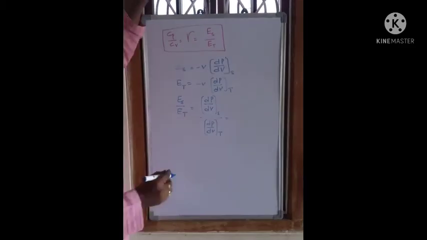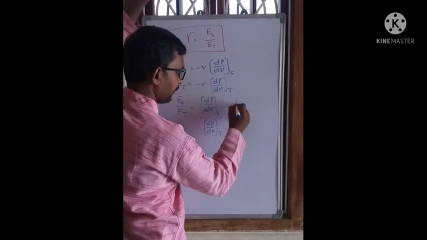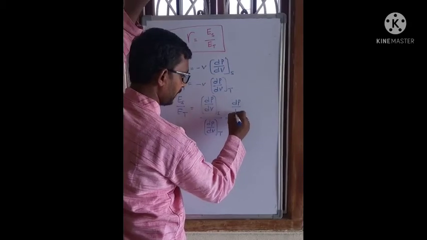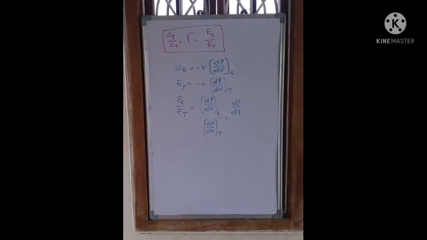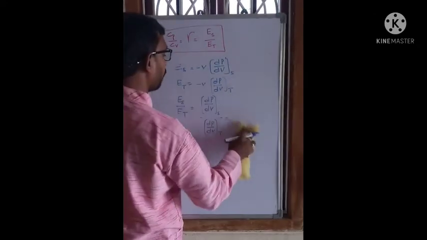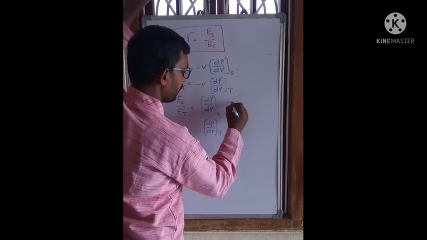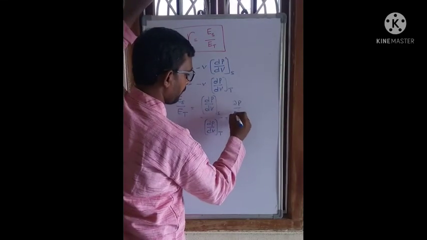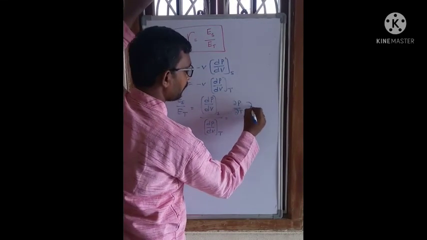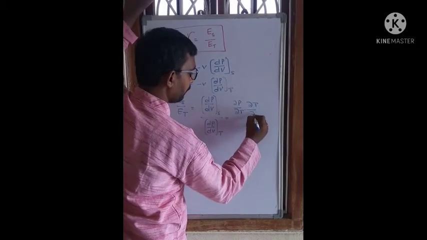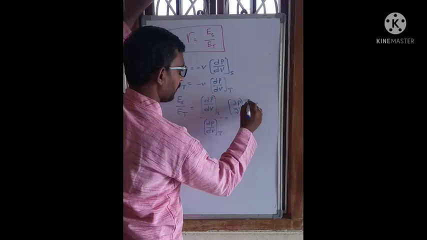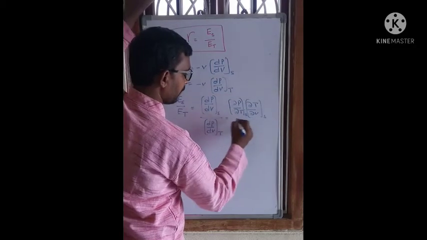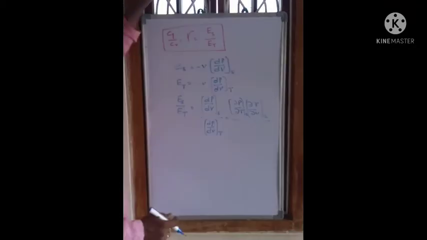This can also be written as dP by dT, just by division and multiplication. Instead of dP by dV, I am going to write partial differentiation, dou P by dou T into dou T by dou V, with S as constant.